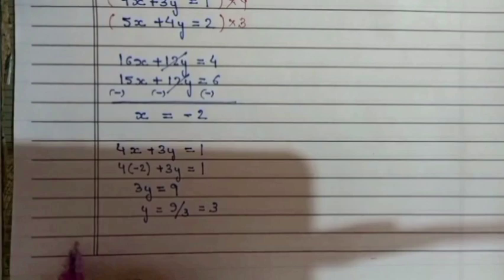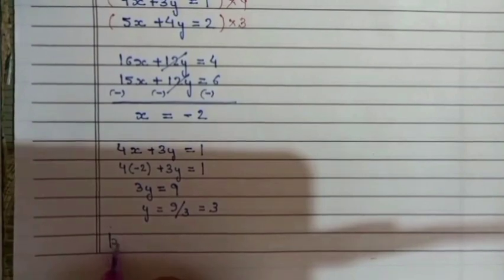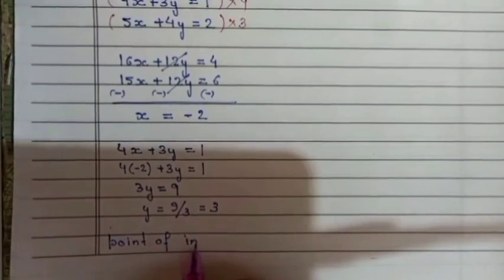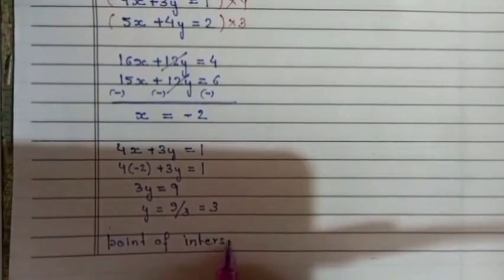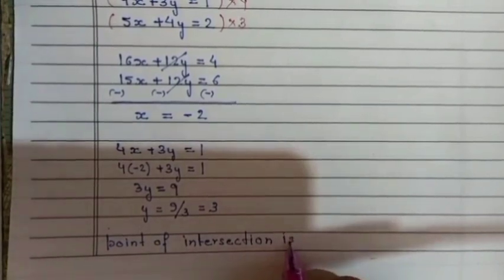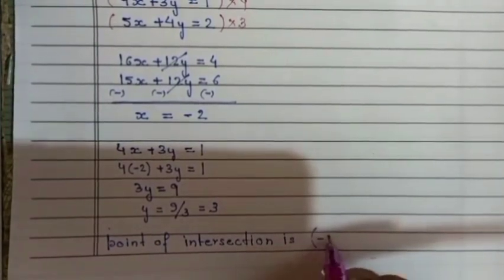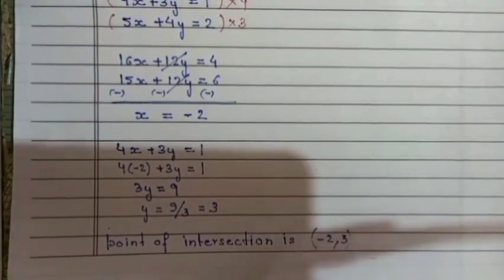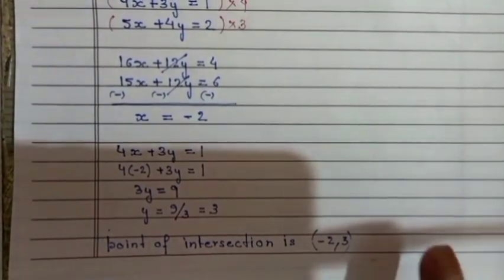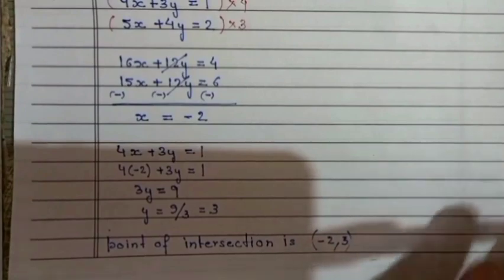So the point of intersection of the two lines is -2, 3. Now according to the question, the line whose equation we have to find is passing through this intersection point.